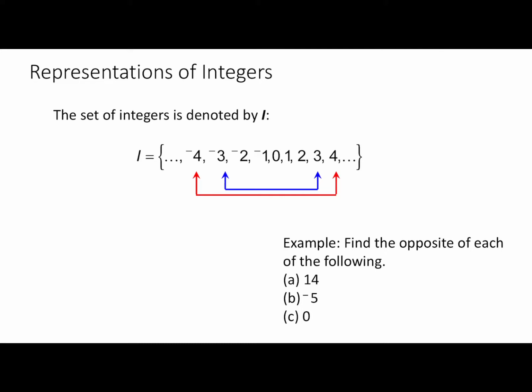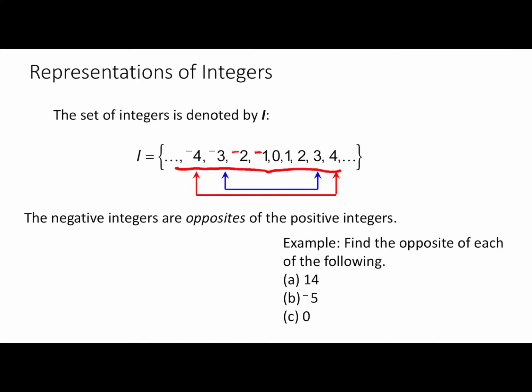each situation. Okay, so when we represent integers, integers look like the whole numbers, and then we've also got what we're going to call their opposites or their negatives. Your book uses the negatives up top, just to be clear that we're talking about the negative number and not subtracting. The negative integers we're going to call the opposites of the positive integers.